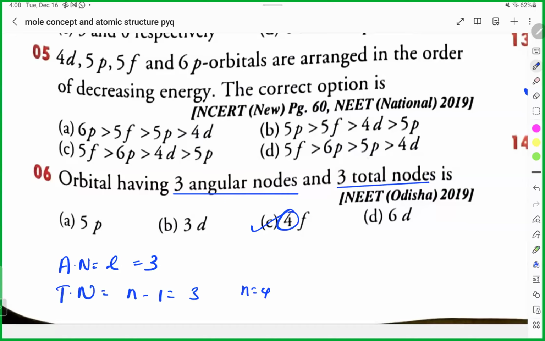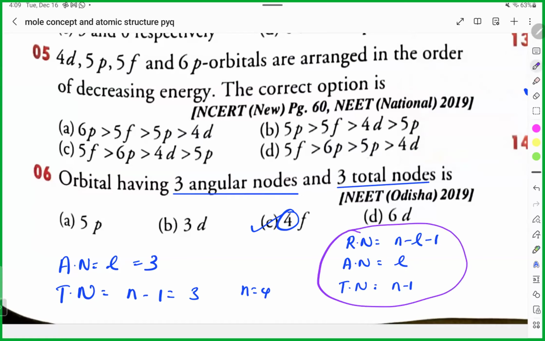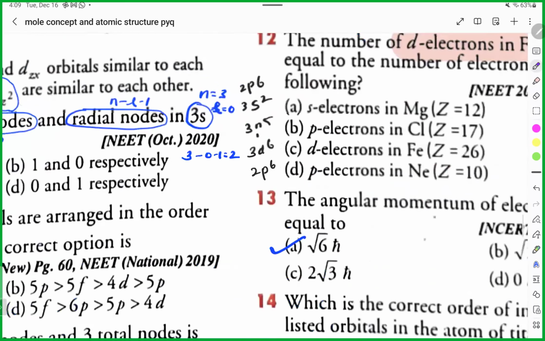Understood? So whatever we did so far, you can solve all the questions. It's easy. Because you know radial node is n minus l minus 1, angular is only l, and total is the addition of these two. If you do this, you can solve all the questions related to nodes. I'll ask more questions.